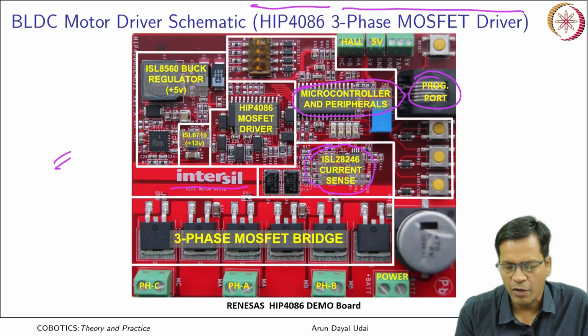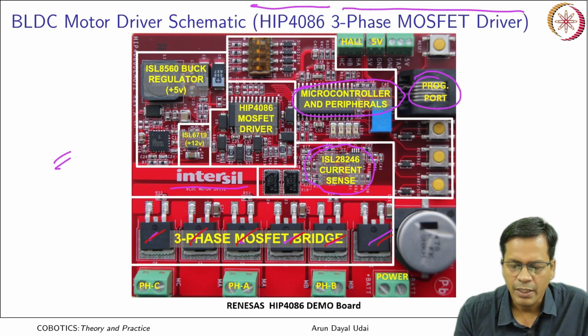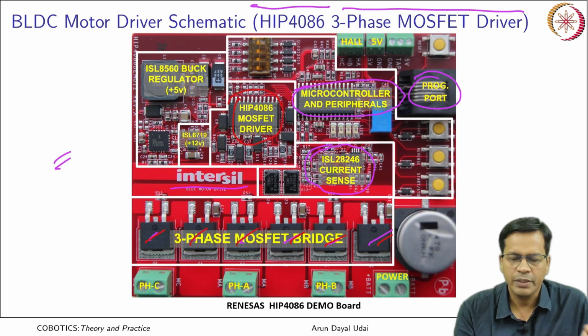These are the power MOSFETs, 3-phase, 1, 2, 3, 4, 5, 6. So 6 MOSFETs are here, that is actually creating the 3-phase bridge. Okay, this is the HIP4086 MOSFET driver that is there. This is a buck regulator that is actually providing all the required voltages to the driver chips and the microcontroller.